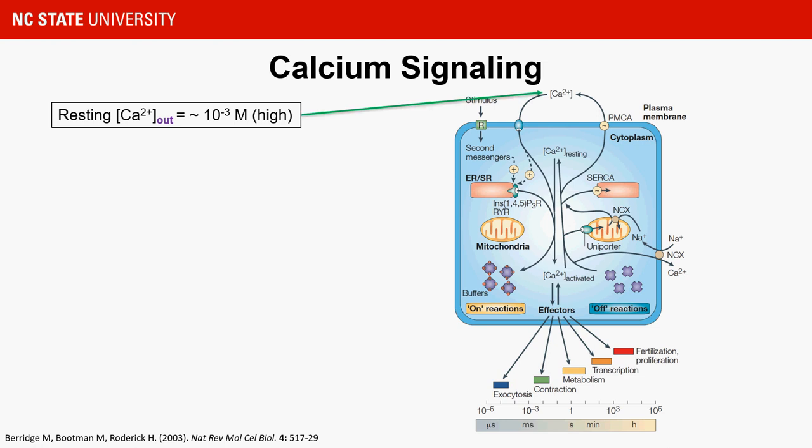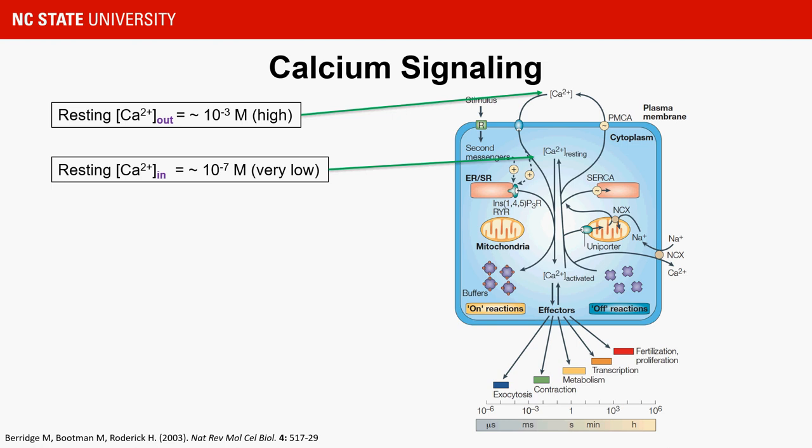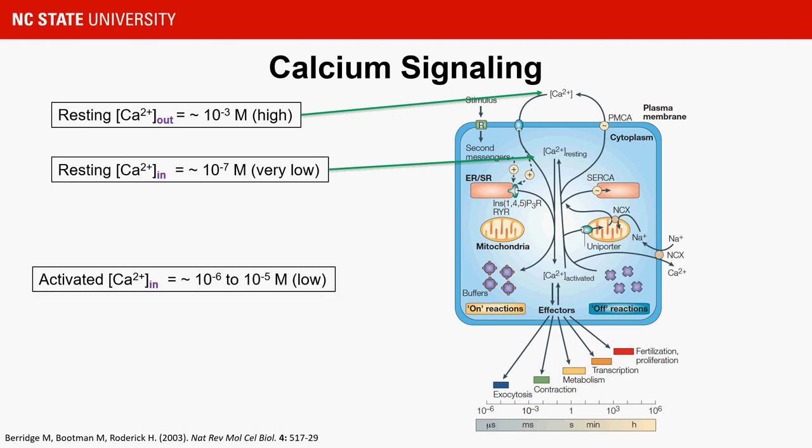Outside the cells, the calcium concentration is really high, and the intracellular cytoplasmic calcium concentration is really low. When the cells need to be activated, the intracellular calcium concentration gets much higher. So the cells try to keep the resting intracellular calcium concentration low, so that when there is signal molecule stimulation, the intracellular calcium can really increase a lot.